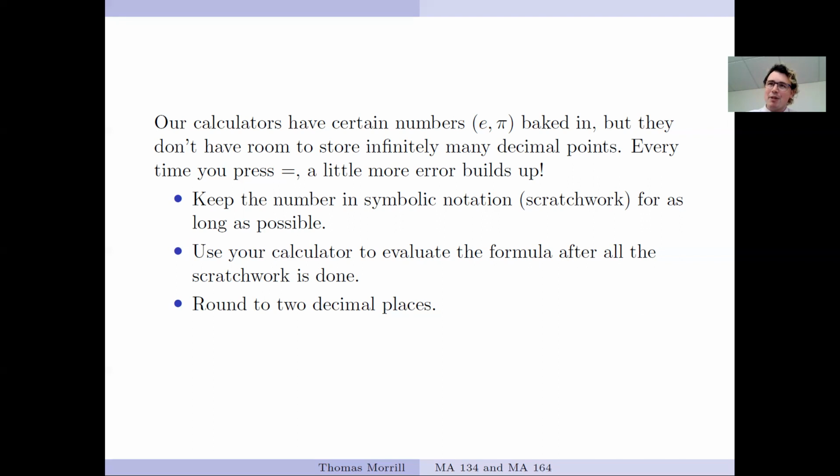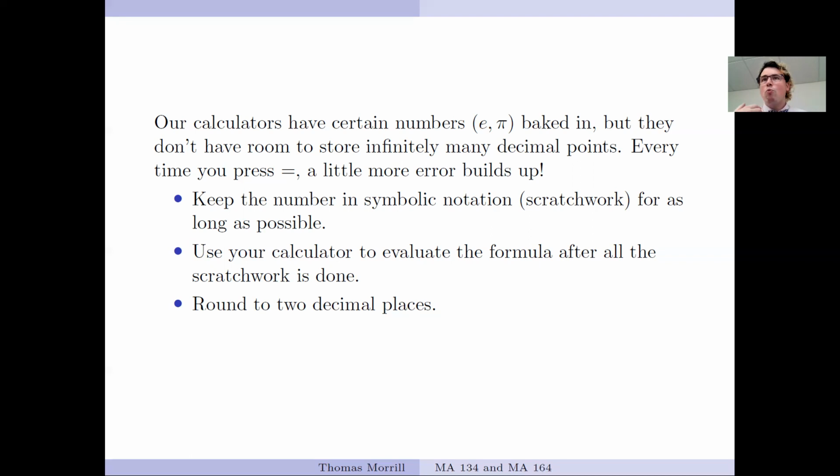So my advice for this is that while you're working on paper, on whatever scratch work you've got, please try to keep your writing in symbolic notation for as long as possible. So this would be things like keeping that square root of 2 as just radical 2 instead of writing 1.2 and stuff.